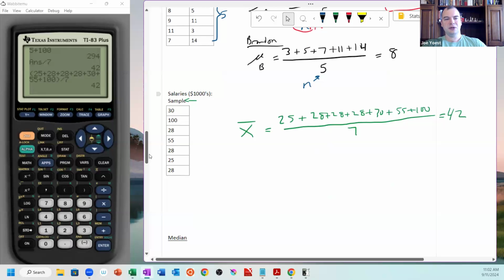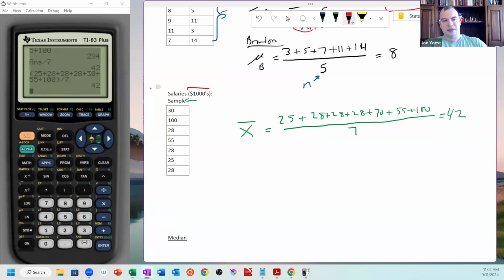And same thing down here. Note that these salaries were in thousands of dollars. I don't have to go over to my calculator and do like 25,000 plus 28,000. I don't have to do all this typing. I can just carry that unit of thousands through. This is a very helpful skill to have, especially a bit later on when being able to think of, say, a percentage, right?